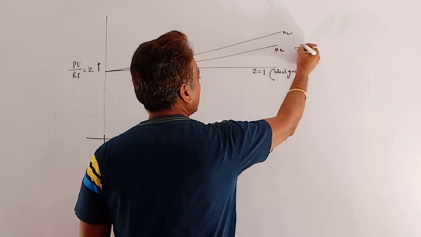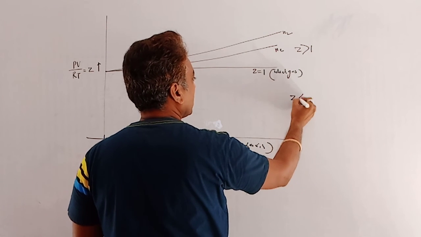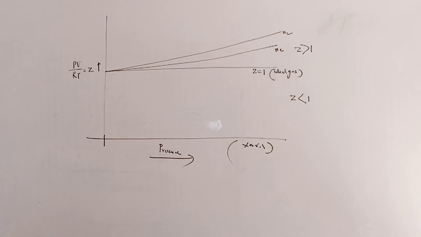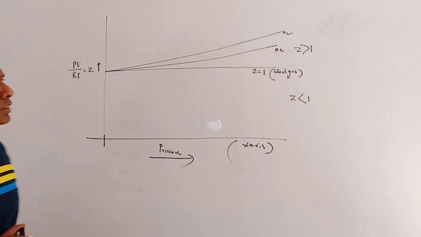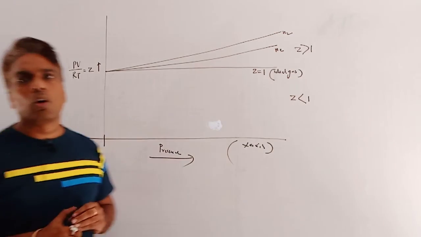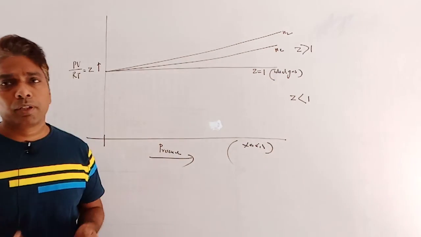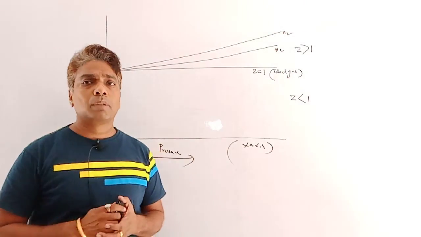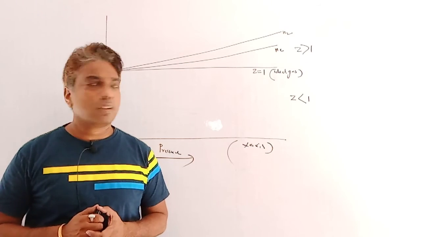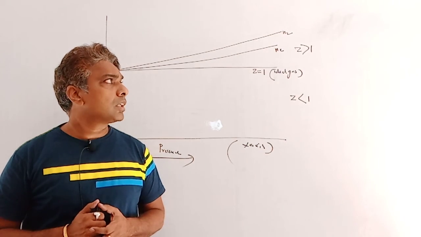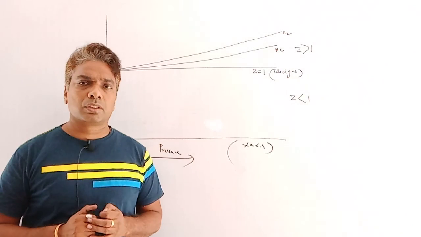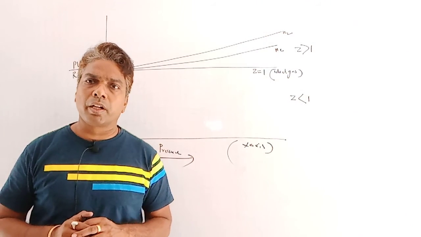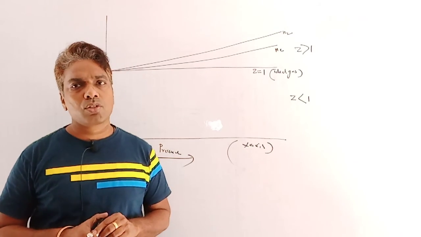Here is the region where Z is greater than 1, here is the region where Z is less than 1. So the gases which are nearly ideal, like hydrogen and helium, for which the particle size is too small as compared to other real gases, behave as ideal, and for such gases only positive deviation is observed. Z is greater than 1 at all ranges of pressure.